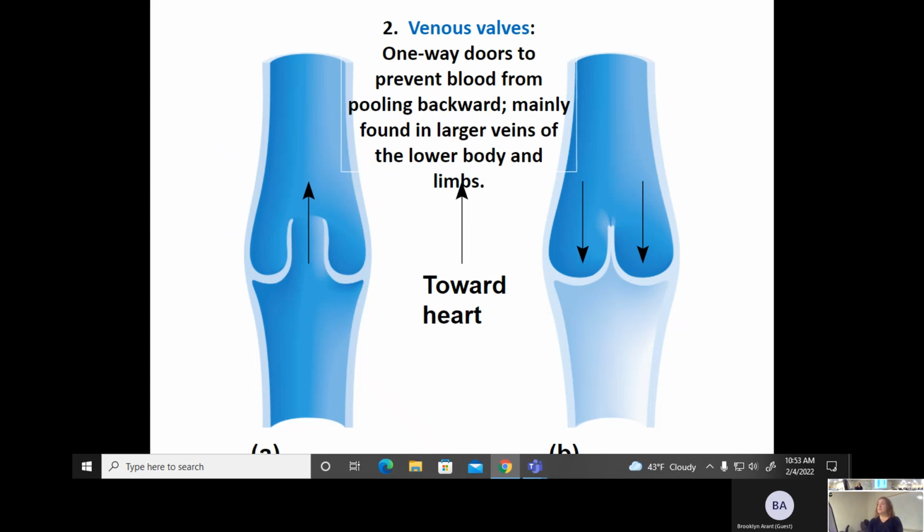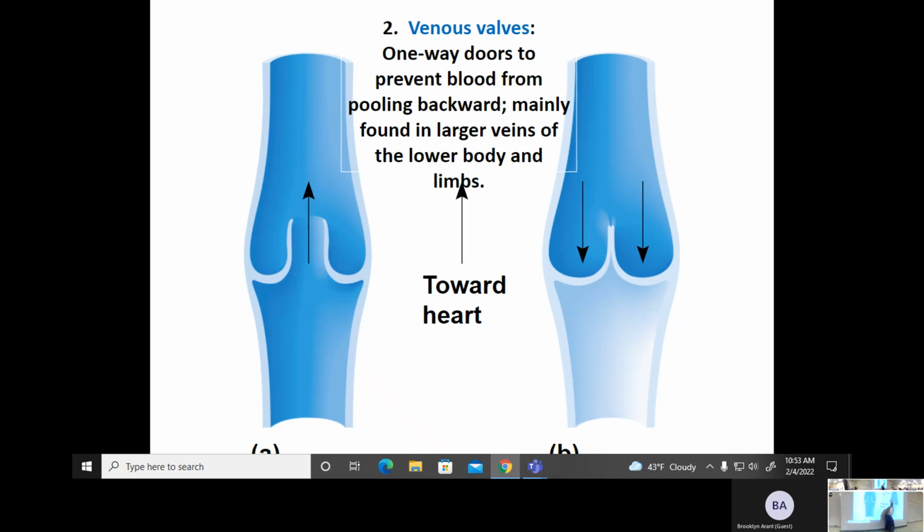The second one is that some of your big veins in your limbs, and especially in your lower body, have valves in them. So if you could just get the blood that high and then it starts to fall back down, it falls back down against the valve and it's at least stuck at that level.